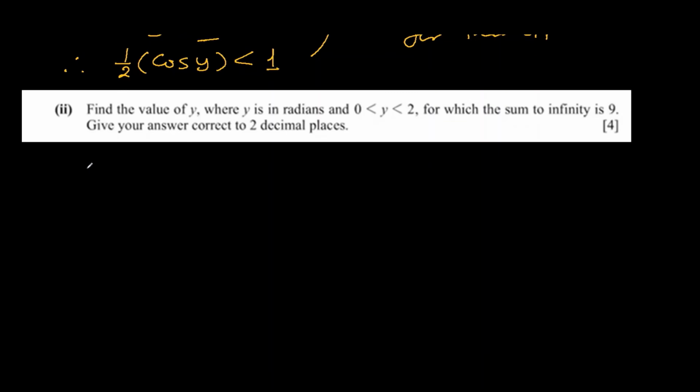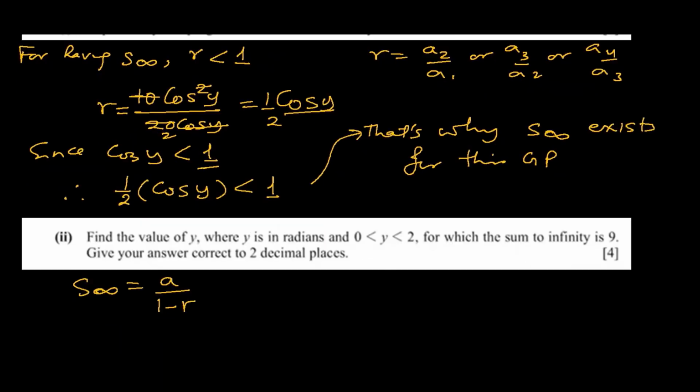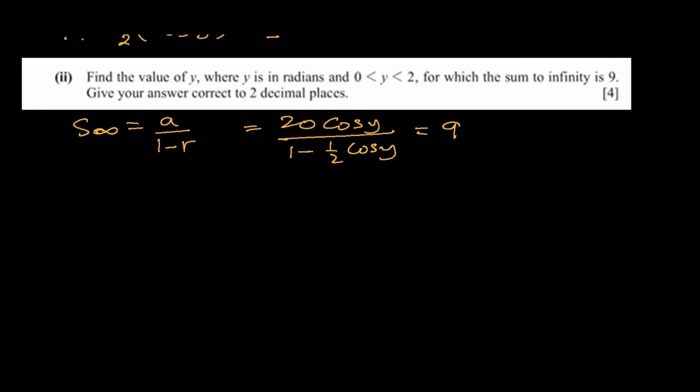Okay, sum to infinity is 9. So sum to infinity is first term divided by 1 minus r. First term is given to us, which is 20 cos y, divided by 1 minus half cos y. Okay, and this is equal to 9. So now this becomes an equation for us.